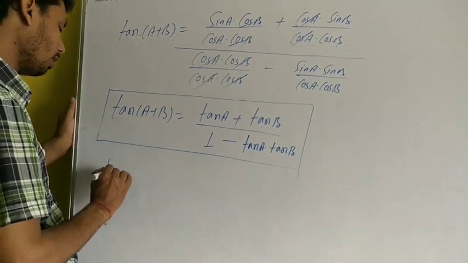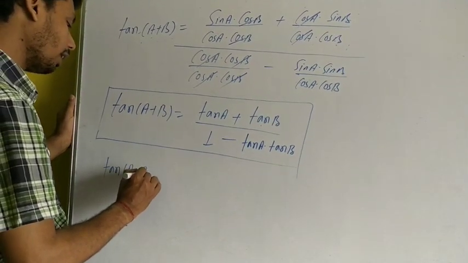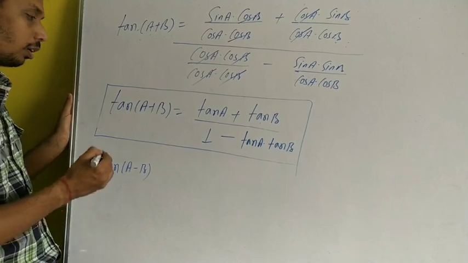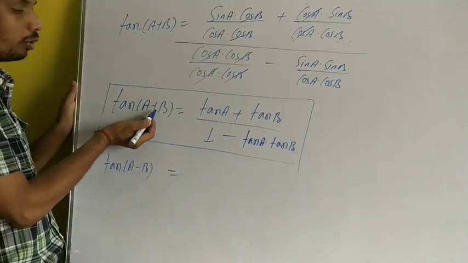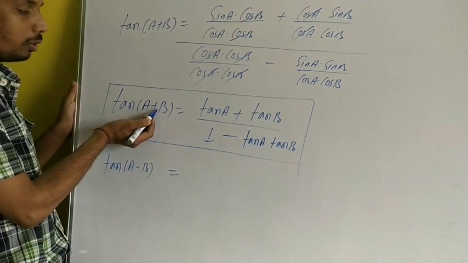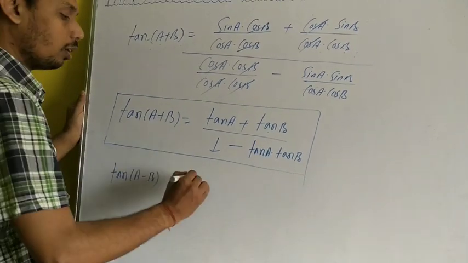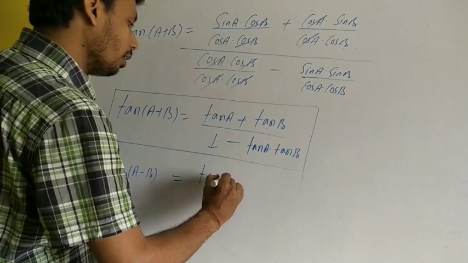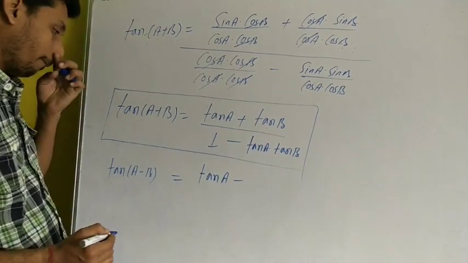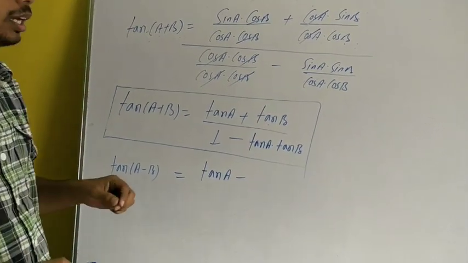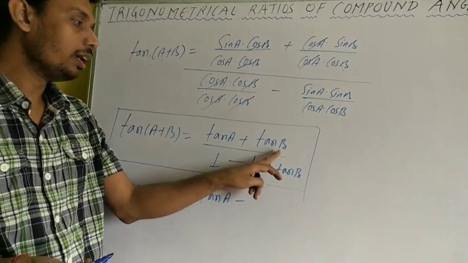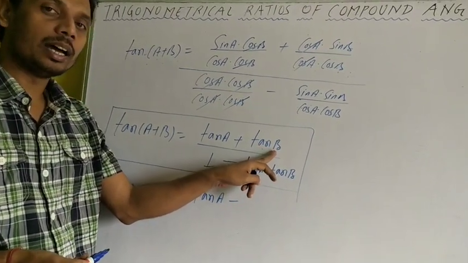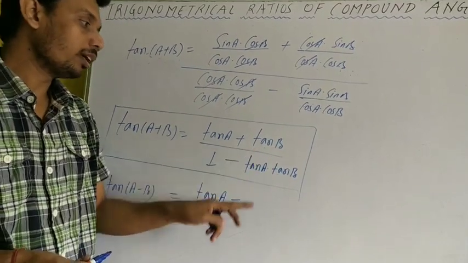Now similarly we can determine tan of a minus b. If we replace b by minus b, we get tan a minus b. We know that tan of minus theta is equal to minus tan theta.